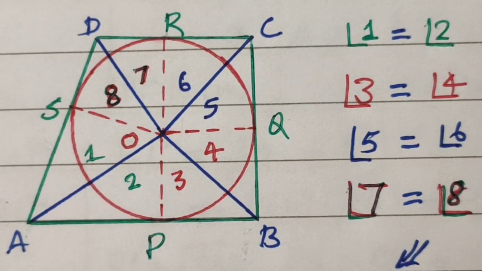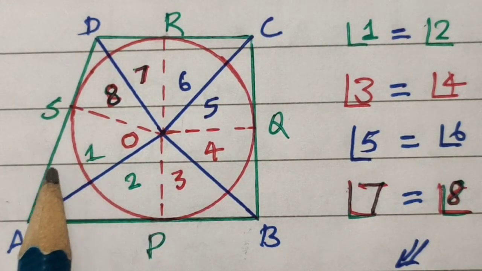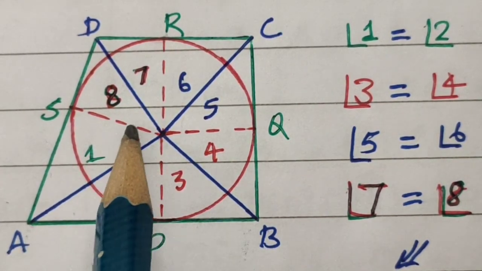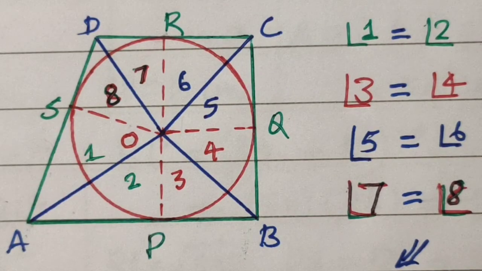We know that if tangents are drawn from the same point to the circle, the lengths are equal, and two tangents drawn from an external point subtend equal angles at the center.